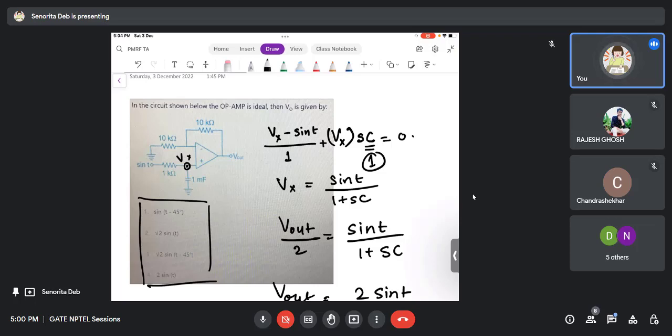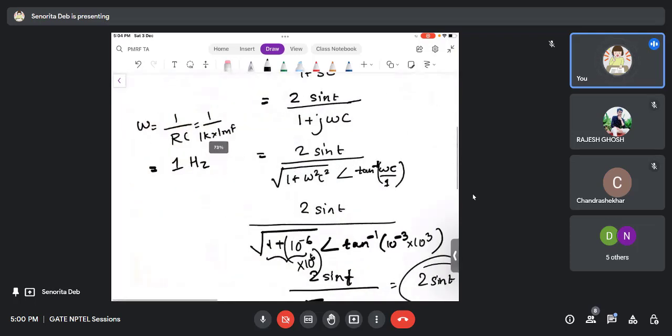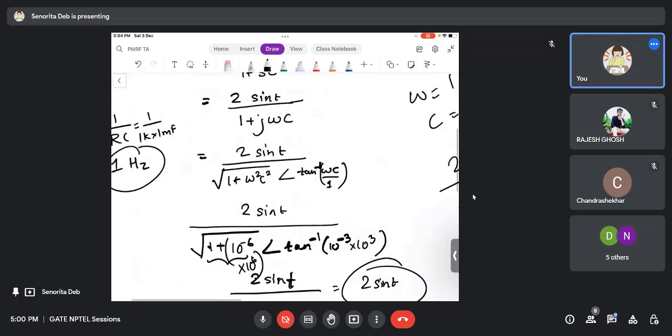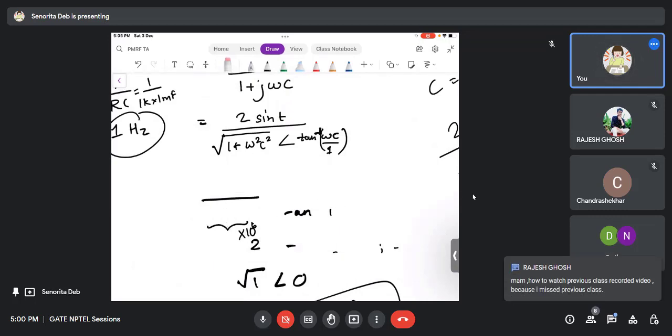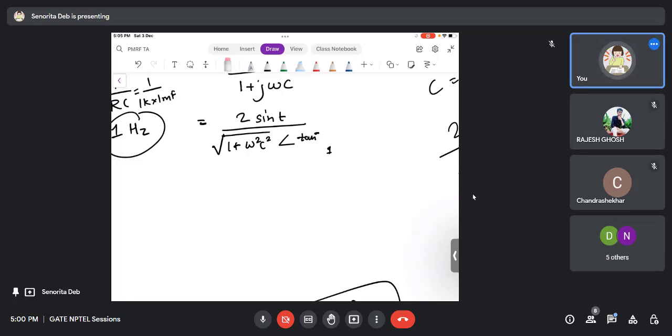Therefore, omega is 1 already, and when I am putting these values, I should not put C as 10 to the power minus 3, I should put C as 1, because R is already taken care of.